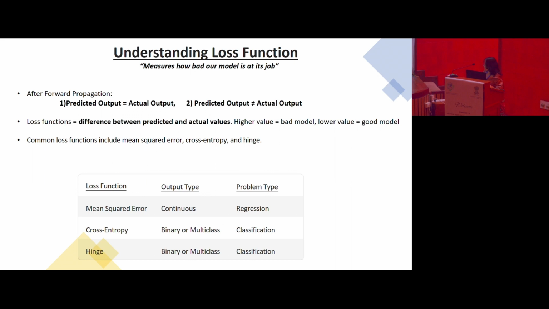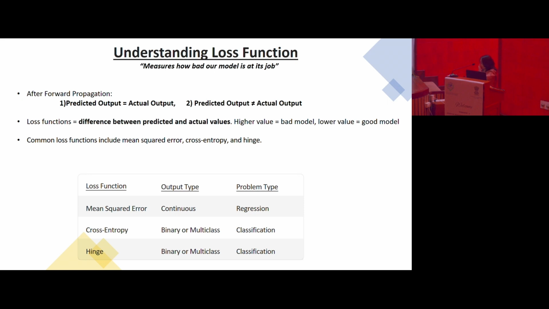So in order to understand this, we have the loss function, which is a measure of how bad a model is at its job. It is basically the difference between predicted and actual values. So ideally, the loss function should be 0, and the predicted value should be equal to the actual value. But in real-world scenarios, it is not the case.